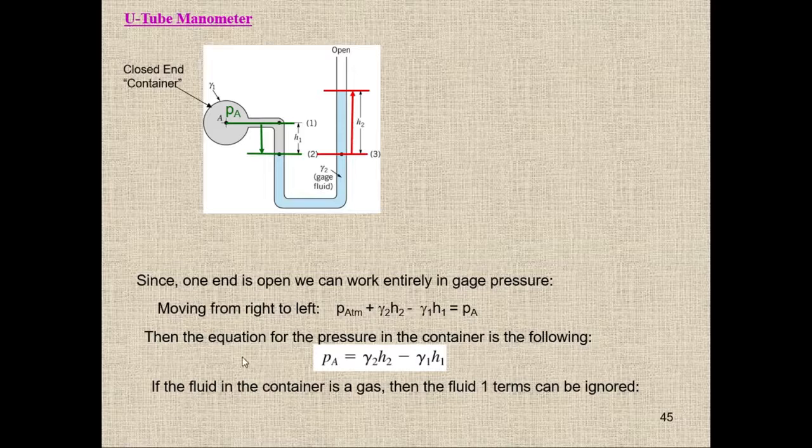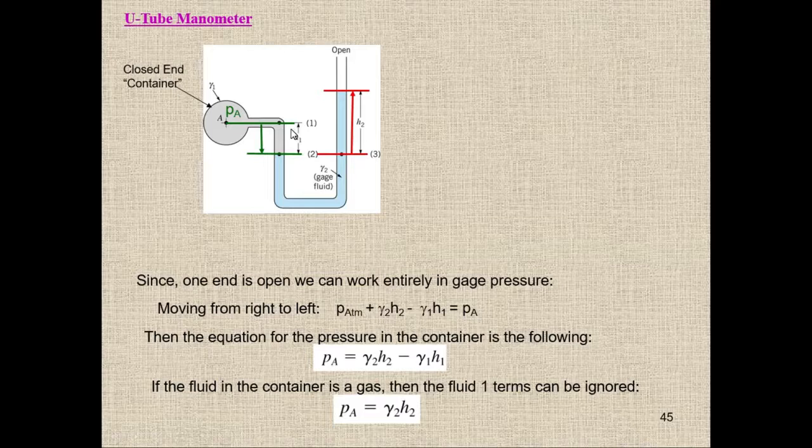If the fluid in the container is a gas, then the fluid one term can be ignored. The equation will simply be rho g h2, because the P atmosphere plus rho g h2, the pressure here will be equal to the same pressure here, and for this one, because we have the gas here, in gas cases the variation with respect to height is negligible.